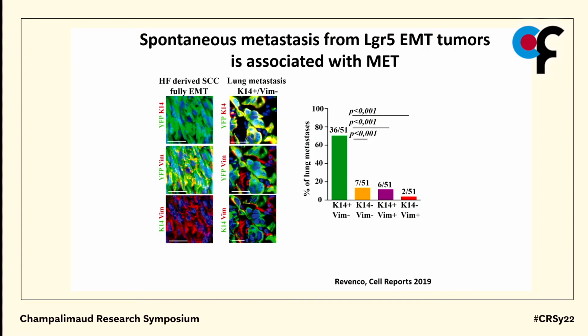Whereas the primary tumor was really mesenchymal, the metastases were really epithelial, and at least 70% of the lung metastases do not present any sign of EMT, and in most cases they revert to a completely epithelial tumor phenotype, suggesting that the reversion from EMT to MET, to the epithelial state, is important for metastatic outgrowth.